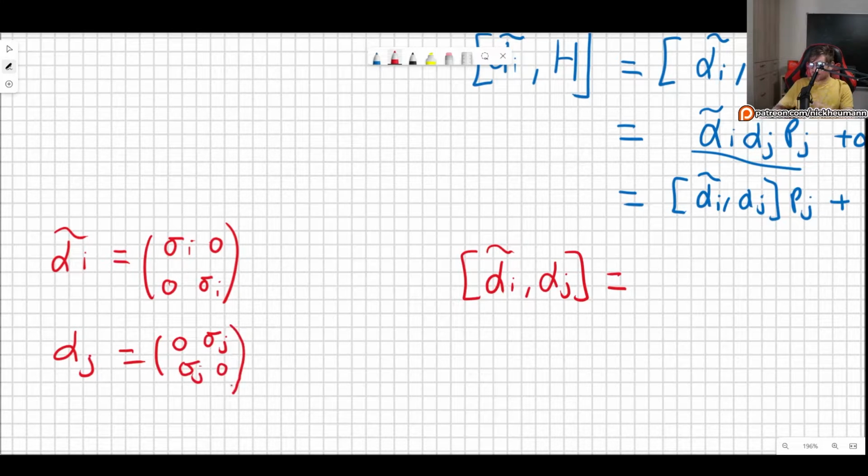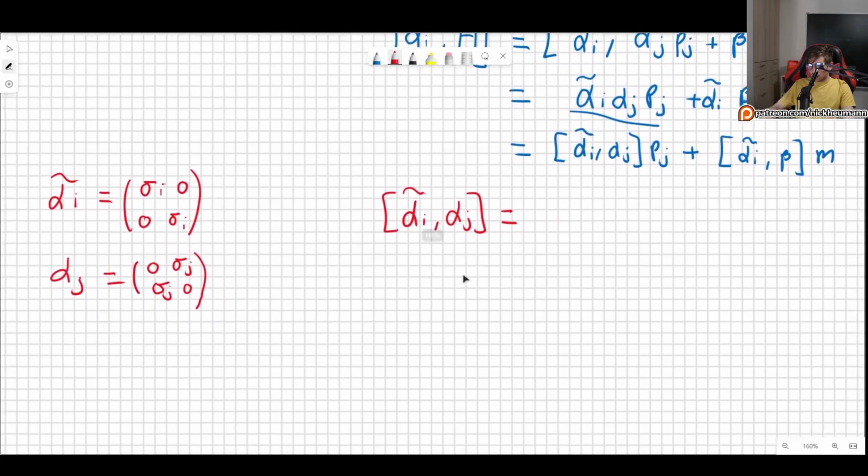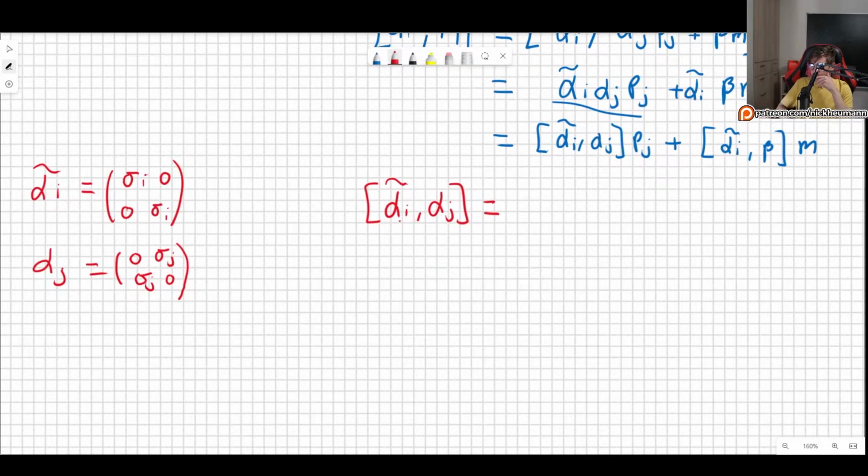That is the previous definition that we used when we first defined those matrices. So the commutator between those two would be alpha I tilde alpha j minus alpha j alpha I tilde.